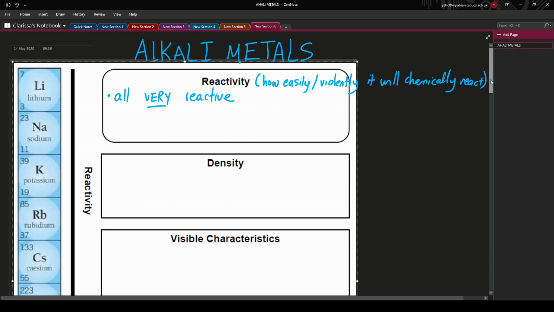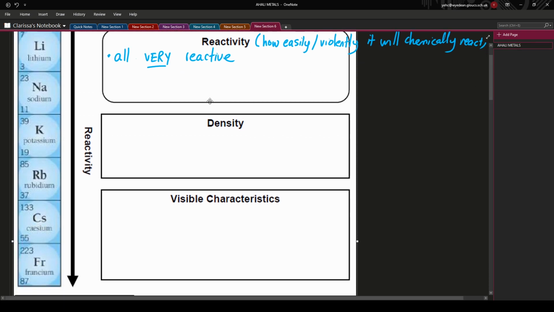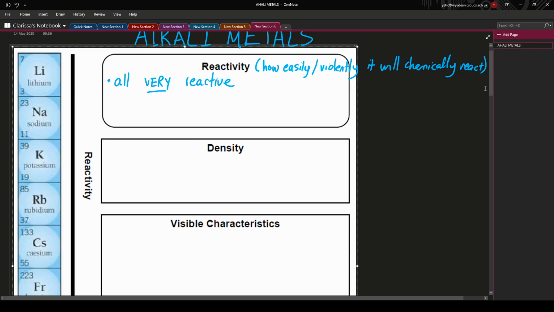But what I want you to notice, and I have it on the left-hand side of the notes booklets here, as you go down the group, as you go down that column, it gets more and more reactive. So, reactivity increases down the group.